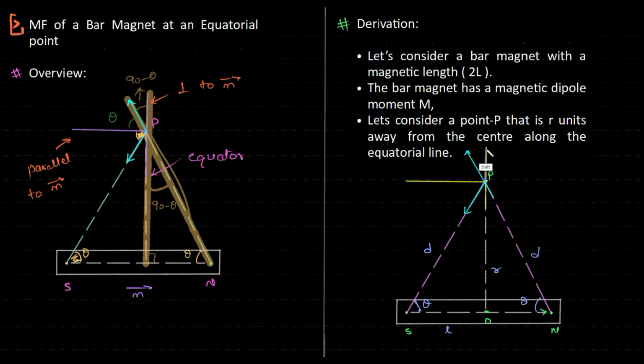This is along the equator. This is along the axis, parallel to your magnetic moment. So I'll keep it along x and y axes, so it makes it convenient for me. What I'm indicating here is that to the left is the positive x axis, up is the positive y axis.